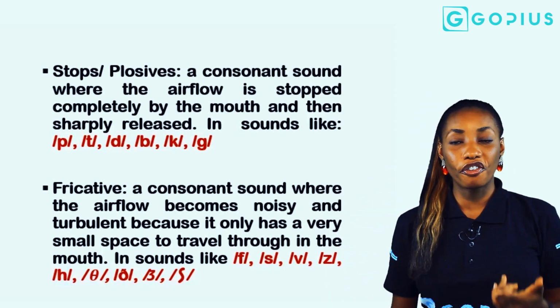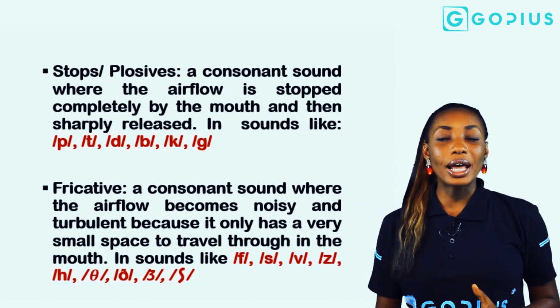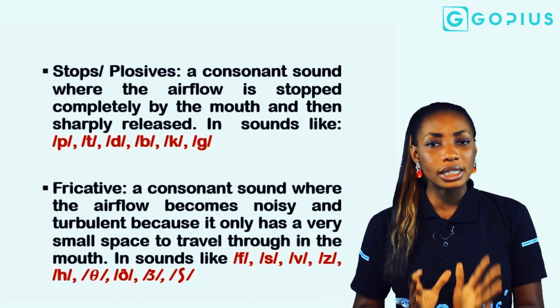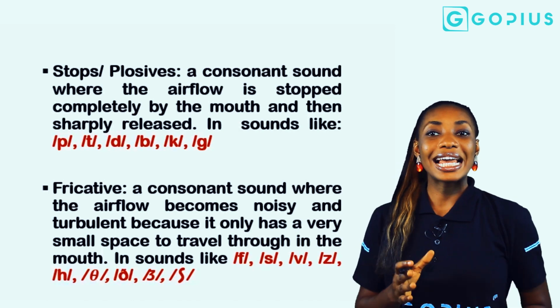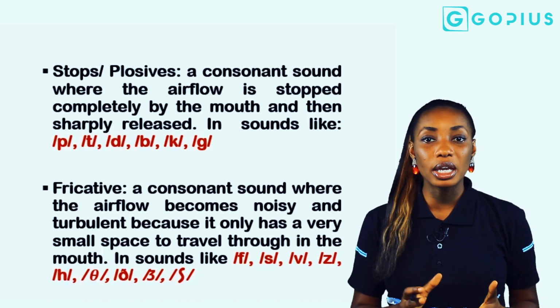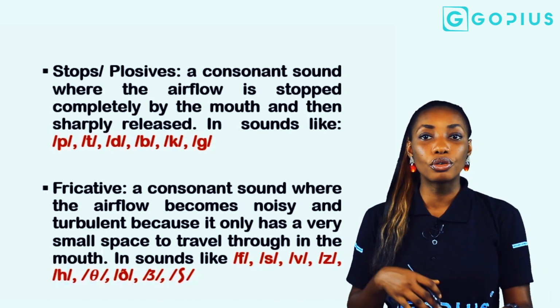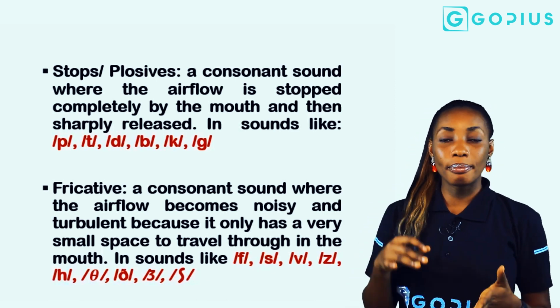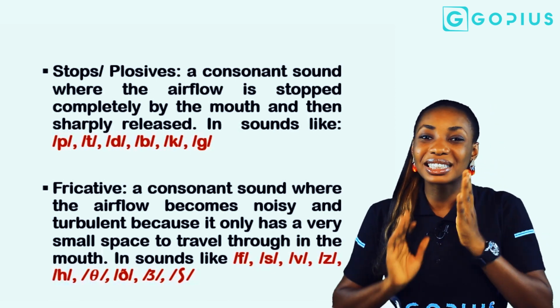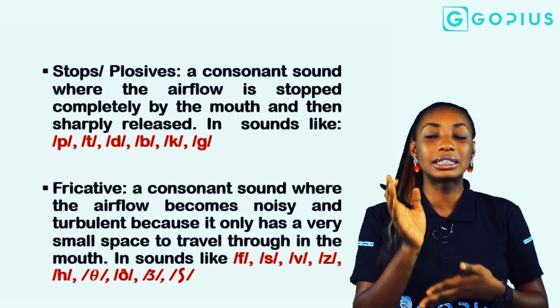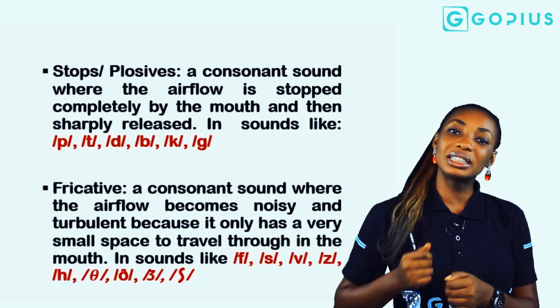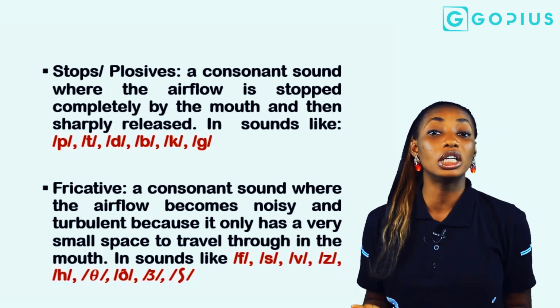So moving on to the fricatives. A consonant sound where the airflow becomes noisy and turbulent because it only has a very small space to travel through in the mouth. Starting from here, there's a small space when you want to pronounce this sound. So the air comes in with a bit of friction. That is why they call it fricative.